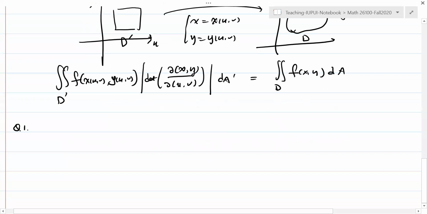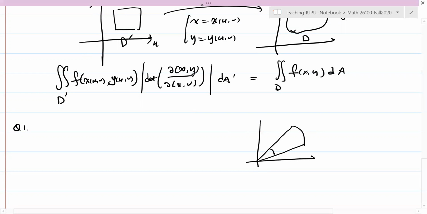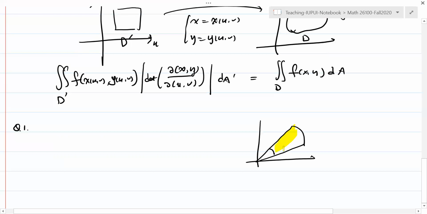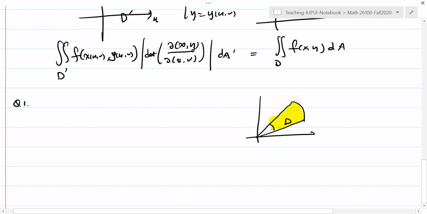Here's the example. You have a sector in the space, and this could be just one portion of that. So this is a D. It's easy to describe.